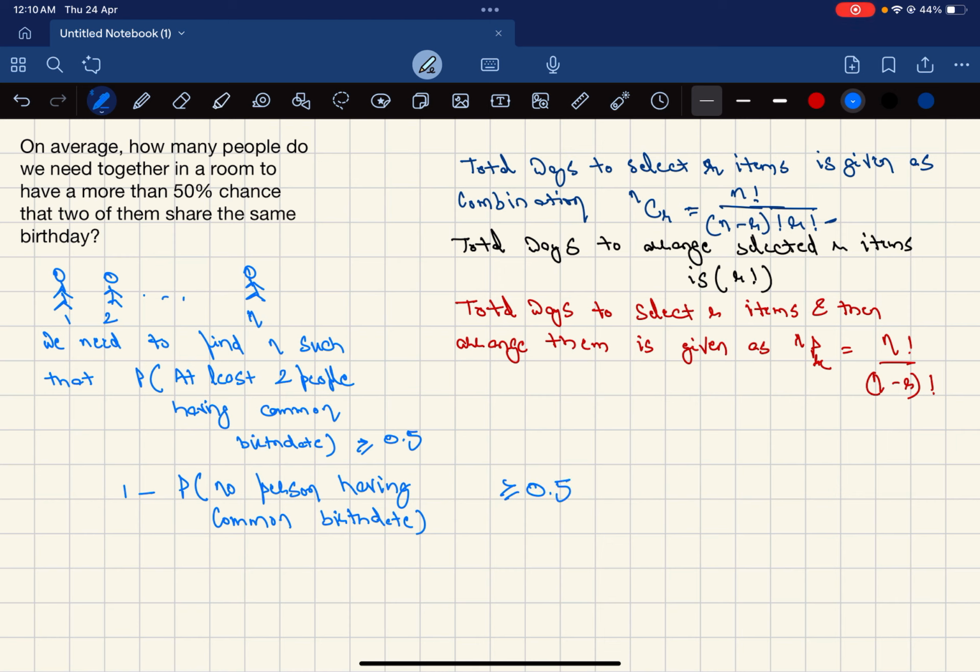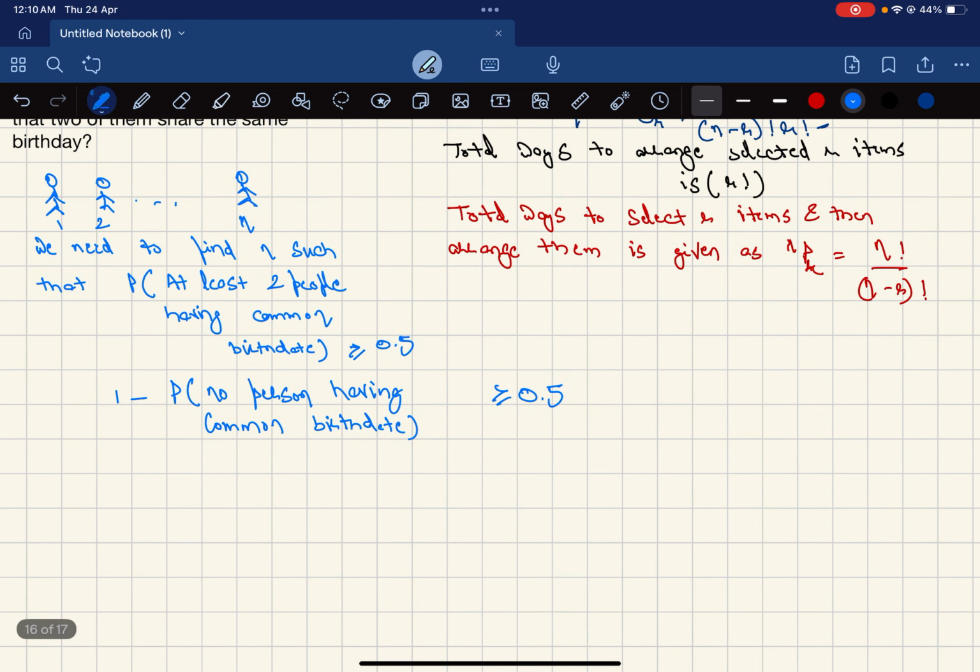So I just replace the left hand side term here by the complement of the probability of no person having a common birthday. So if the probability of getting at least two people having a common birthday is x, the probability of no person having a common birthday would be 1 minus x, as these are the only two possible outcomes.